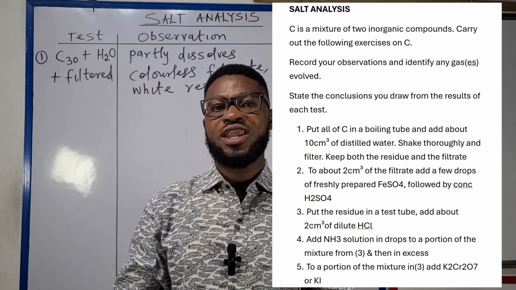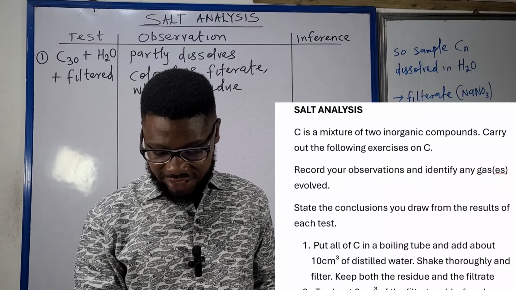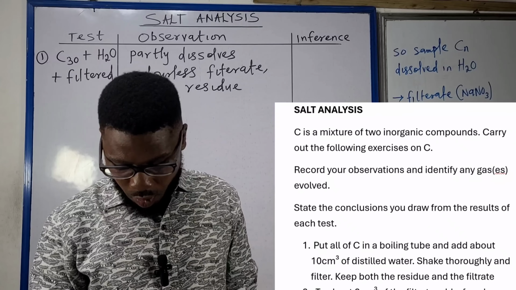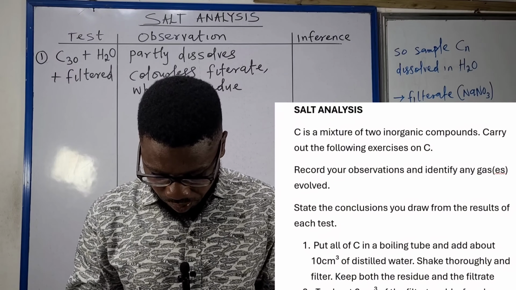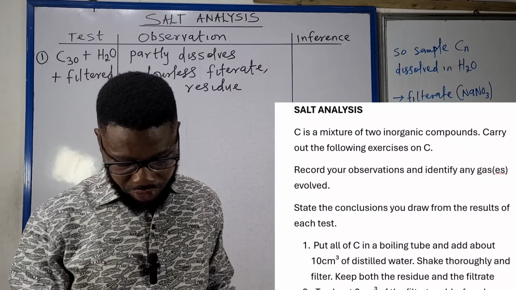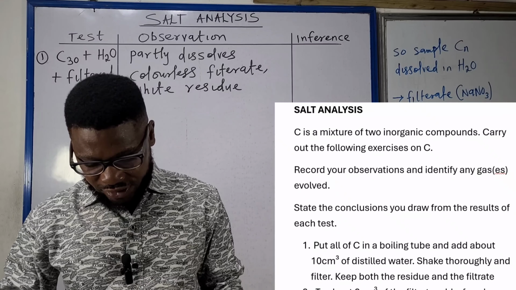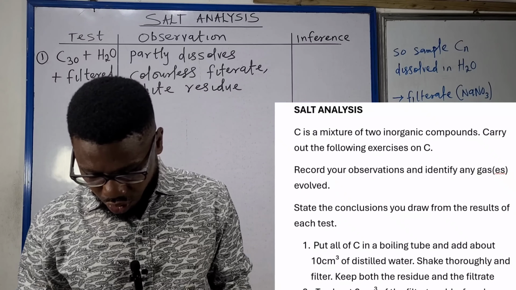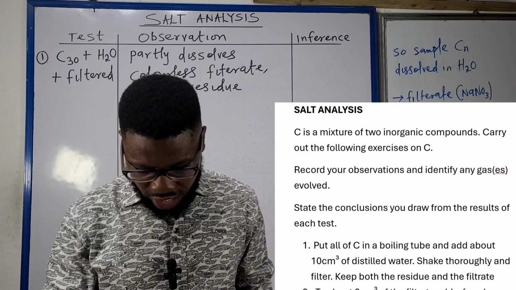So moving on, what exactly is your question going to look like in this exam? As you can see popping up on your screen, it says C is a mixture of two inorganic compounds. Carry out the following exercises on C. Record your observation, identify any gases evolved, state the conclusions you draw from your result for each test. Now, look at question 1.